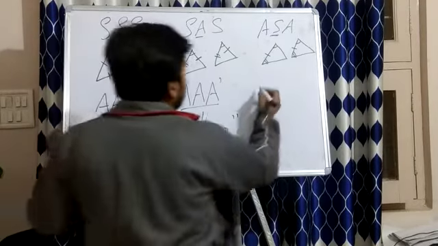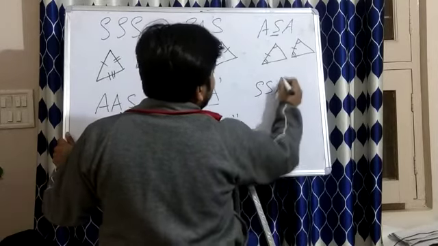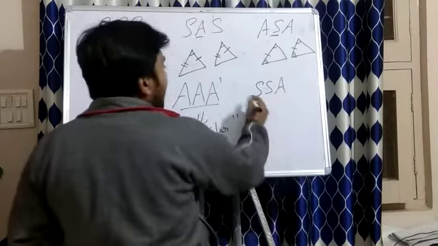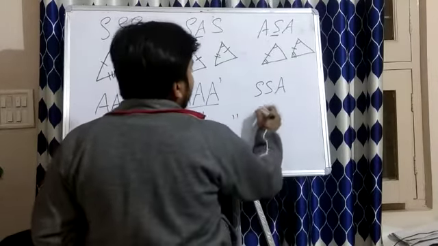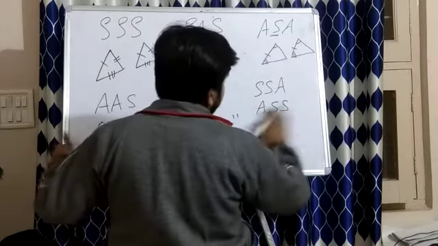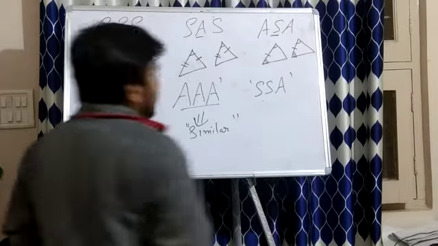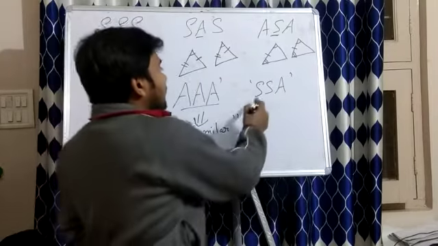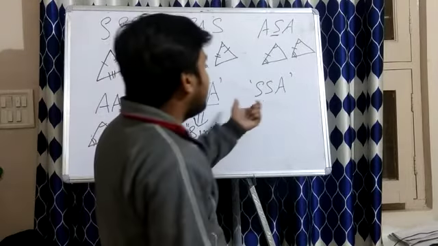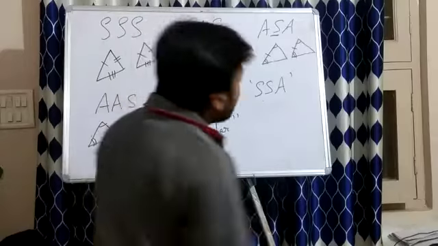Now, one last which we saw was SSA. We can also abbreviate it as ASS, but for some obvious reasons we don't write it as ASS. Okay, we write SSA. Now, in the last video, when we were dealing with SSA, we saw that SSA does not hold congruency.